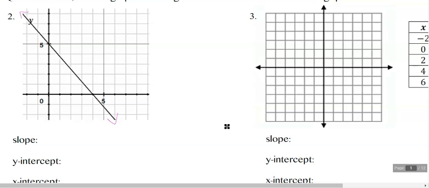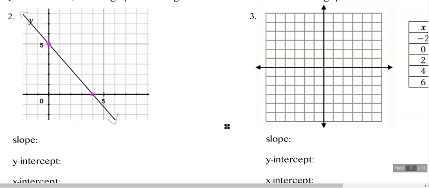Sometimes we need to pick 2 points, but most of the time we can find a point like this one right here. The problem with choosing any other point on this line is that it's hard to tell what the point is, where this one I can see that it's (4, 0).